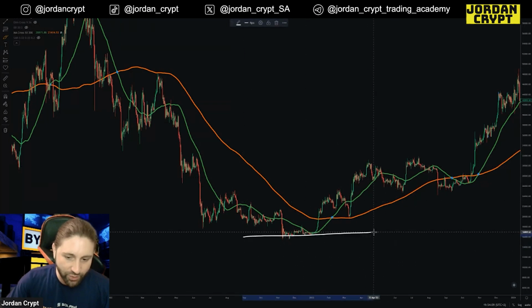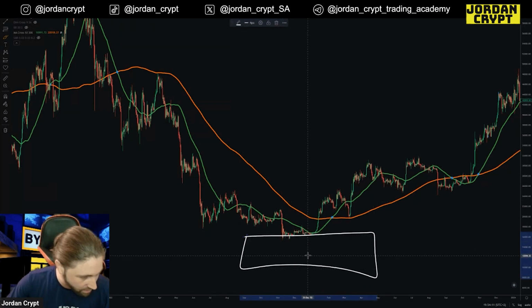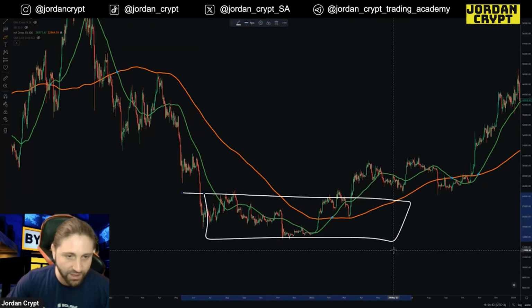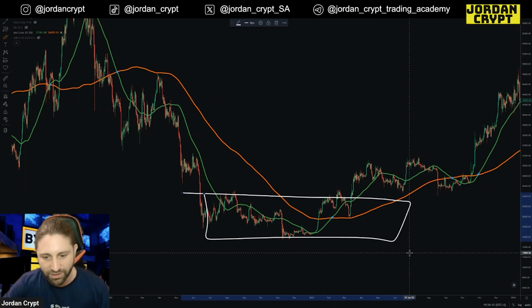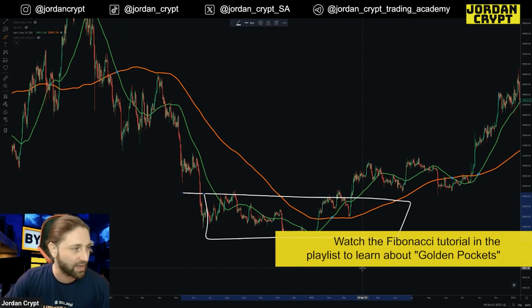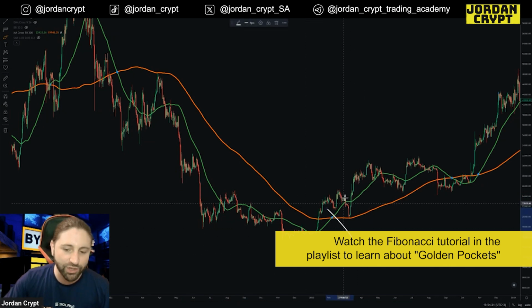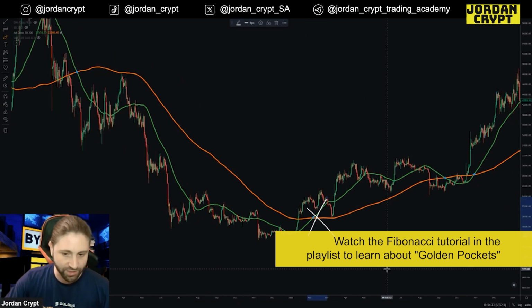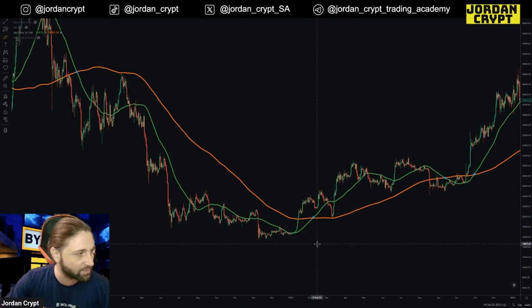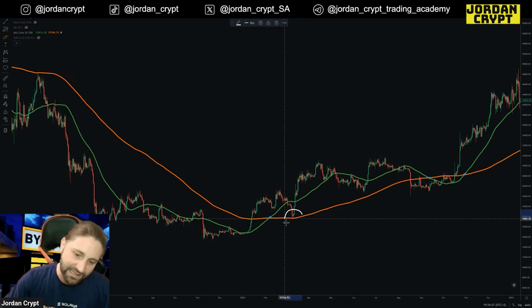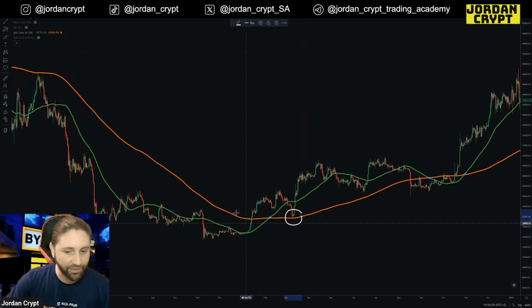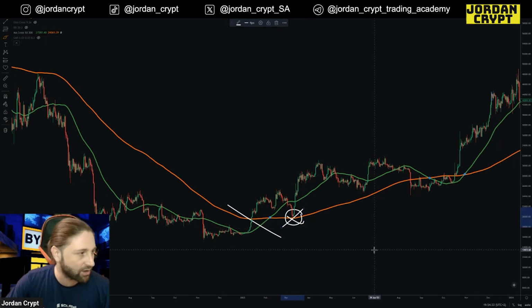And this, of course, was a golden pocket. Right, this whole area was a golden pocket. Go and watch the Fibonacci tutorial. We broke down how that area was a golden pocket. So that is why we entered. Then the bullish cross, the golden cross, was a confirmation that this was a beautiful trade. And then at the retest of the flipped resistance as support is where we could have added to our trade.